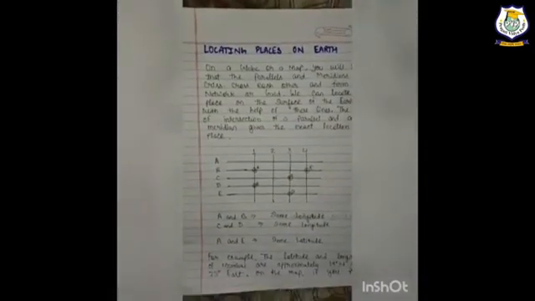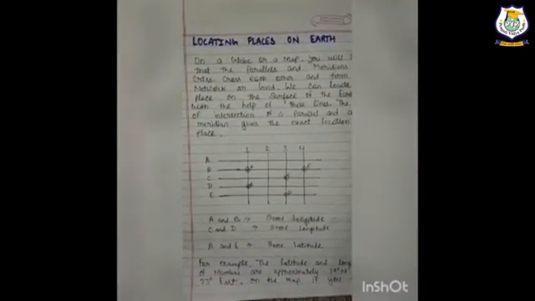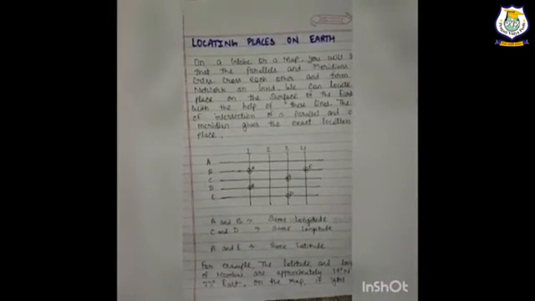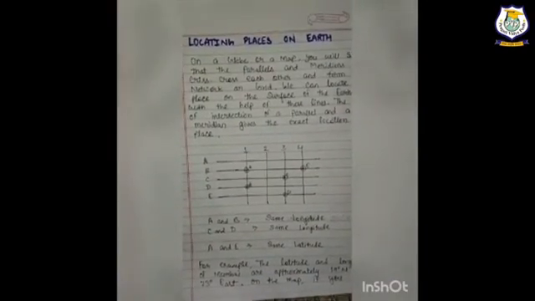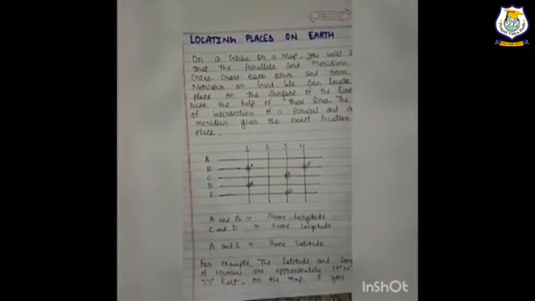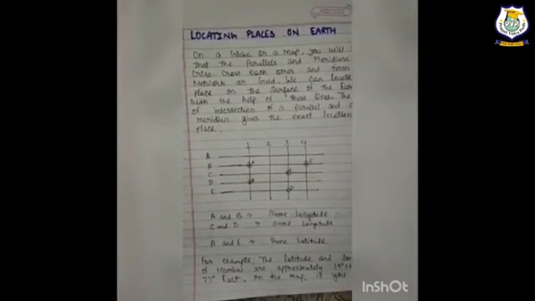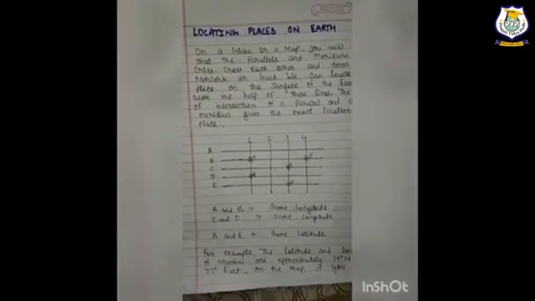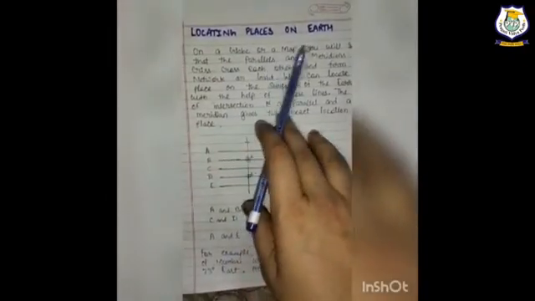Now let's move forward to understanding the concept of locating places on the earth, calculating time, and how we understand the local time, the standard time and the international date line. First we are going to understand locating places on the earth.